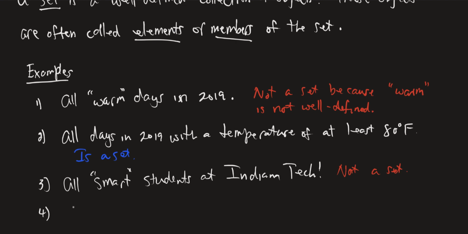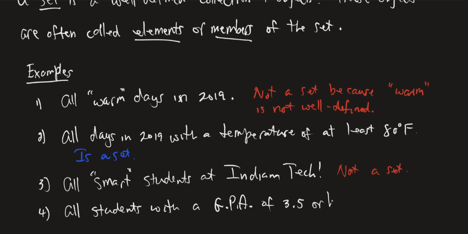Let me give you an example where I tweak this and make it a little clearer. You could say something like all students with a GPA of 3.5 or higher, so at least a 3.5 GPA. Now, whether or not you would say this is a good measure of smartness, that's a different question, but this is now well defined.